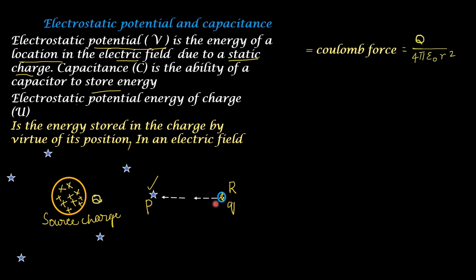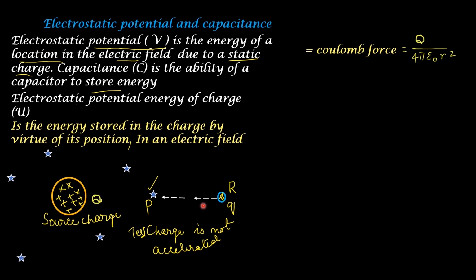Let the distance from R to P be equal to R. So the external force causes the charge to cover a certain distance. So force into the distance covered becomes the work done in order to shift the charge from R to P. This work is stored in the charge as potential energy at each location.